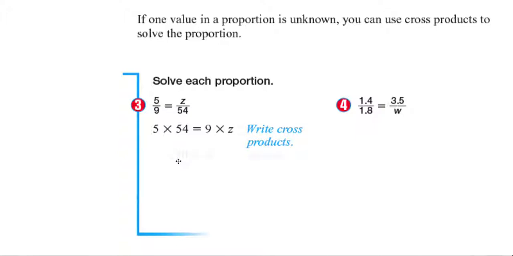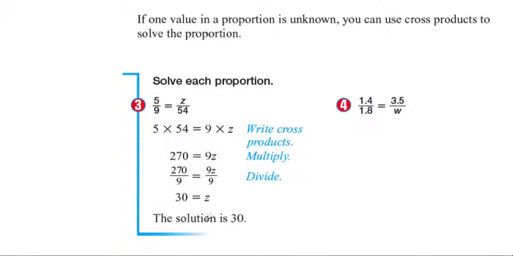We know that 5 times 54 is 270, and 9 times z is simply 9z. Then we simply divide both sides by 9 to solve for z. Dividing both sides by 9, we end up with z equals 30. So the value of z is 30 for it to form a proportion with 5 over 9.